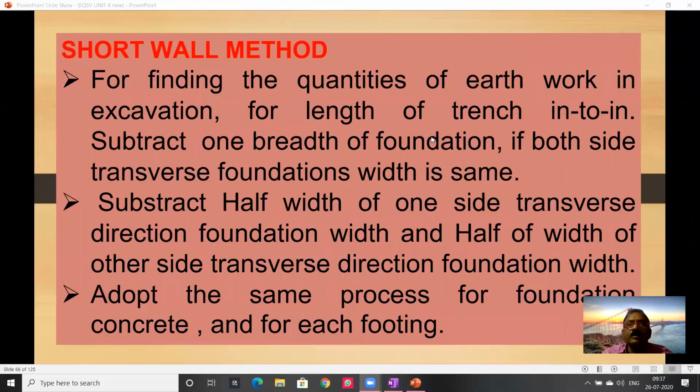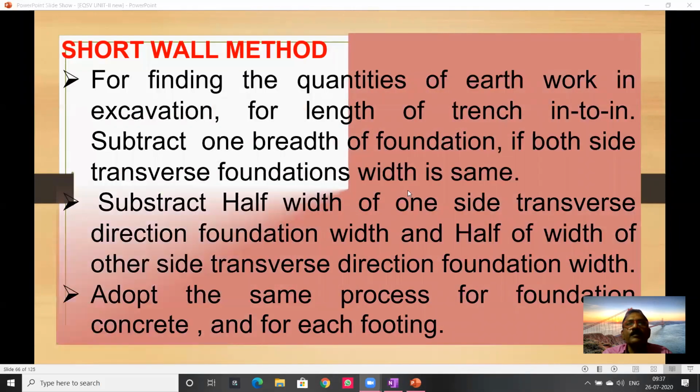Otherwise, subtract half of the width on one side and half of the width on the other side in the transverse direction of the foundation. The same applies for the PCC, first footing, second footing, third footing, up to plinth level, above the ground and up to the brick wall.